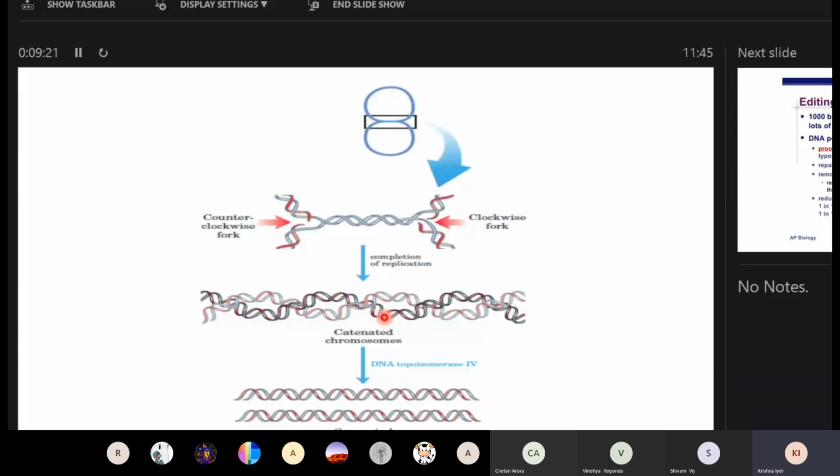They are locked one inside the other, almost like those chains where one gets locked into the other, and these types of chromosomes are referred to as catenated chromosomes. So catenated chromosomes are where you have one ring-like structure locked into another ring-like structure.